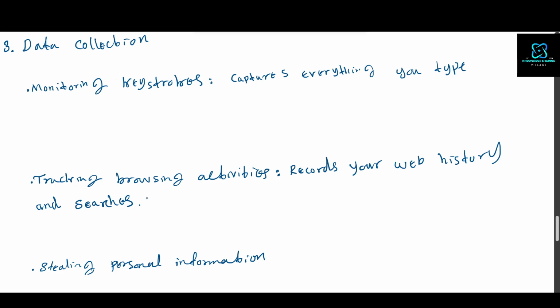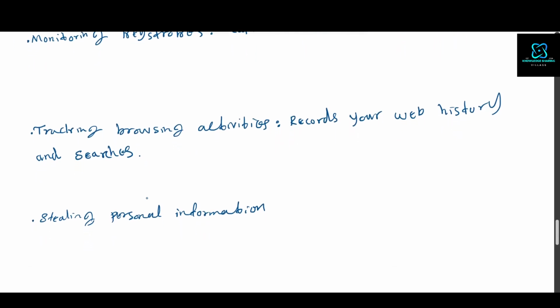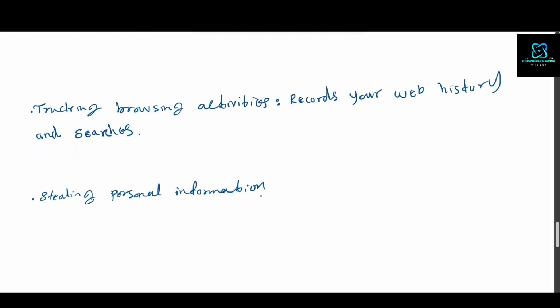So the third one here is stealing personal information. Basically, when they have access to a device, it is the same as if it is you on the device. They have the same level of access. They can see everything that you are doing.